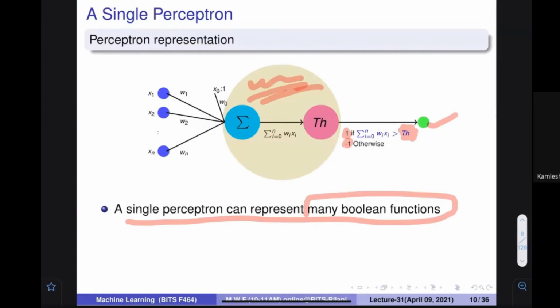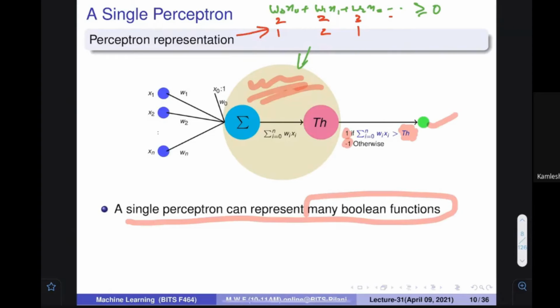It can represent many Boolean functions. What do I mean by this? It essentially means checking whether W0 x0 plus W1 x1 plus W2 x2 and so on is greater than or equal to the threshold, or greater than 0 or not. You can change these parameters; W0 could be 2, 3, and so on.